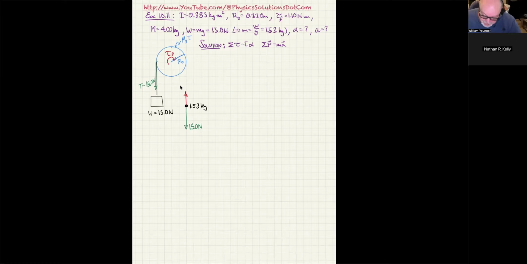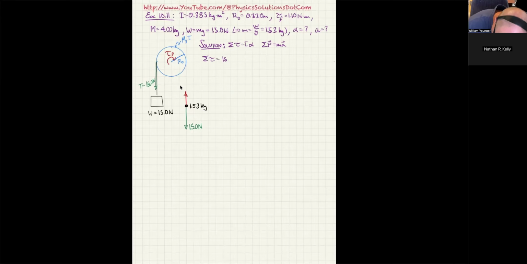We're going to have a free body diagram, which I've already drawn, for the y motion of the actual hanging bucket. So now all we have to do is calculate the summation of the torques, and we saw last time exactly what that would be. So the summation of the torques is going to be 15.